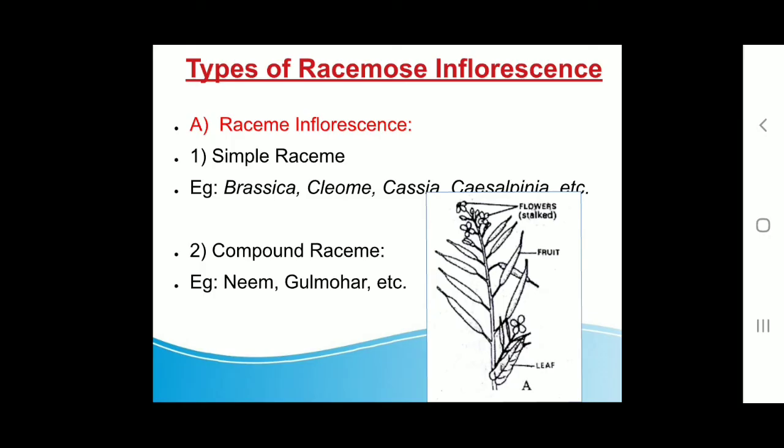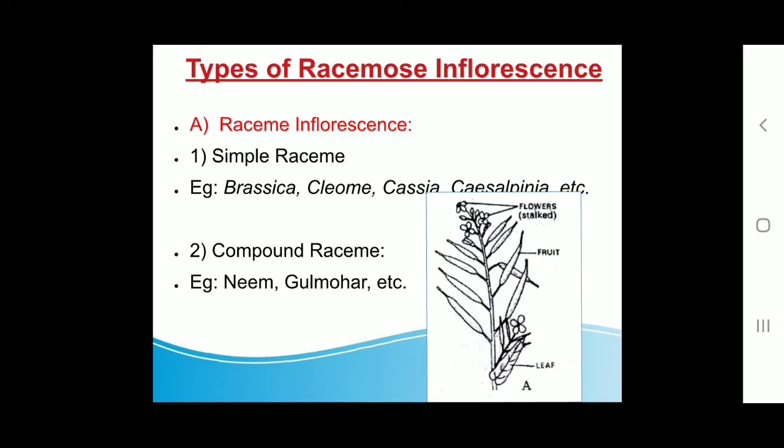This is very common type found in Brassica, commonly called mustard. Then Cleome, Cassia, Caesalpinia pulcherrima, or it is called as Shankasur. So these are a few examples of simple raceme type of inflorescences.